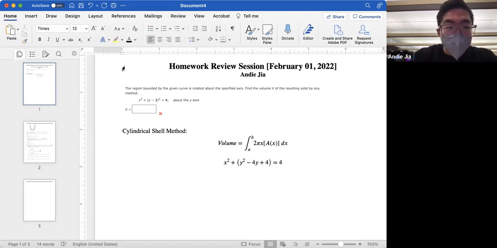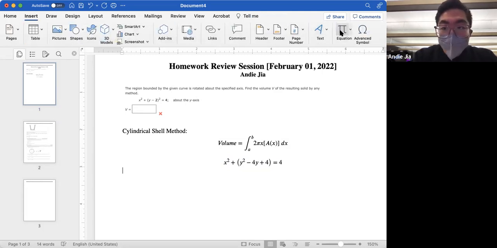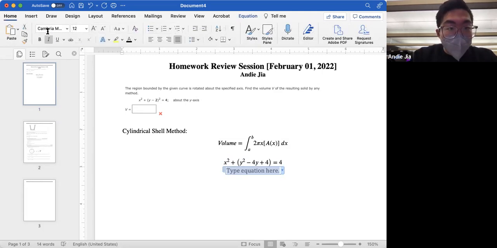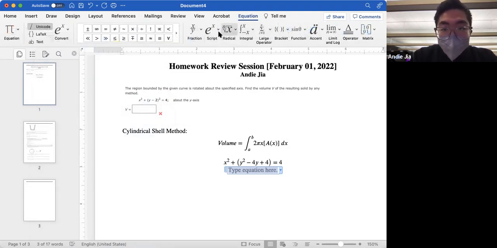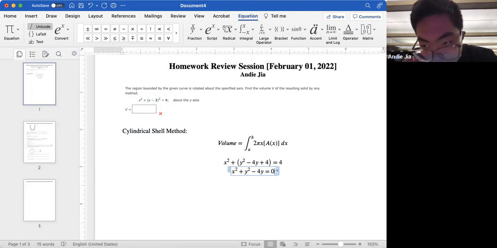This turns into x squared plus y squared minus 4y equal to 0.